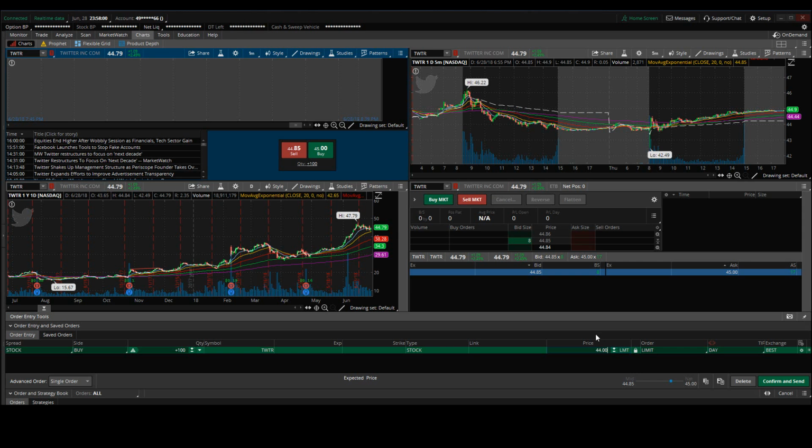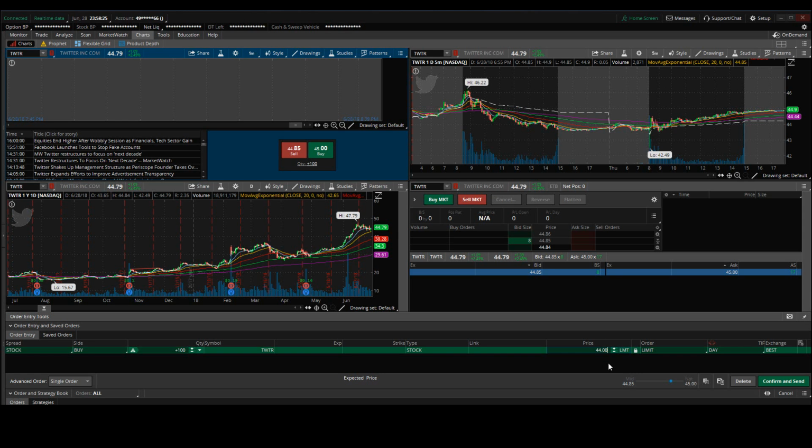Contrary to that, if the price starts coming down and then let's just say there's a gap down in price and it goes to $43.50. We'll just say something hypothetical.